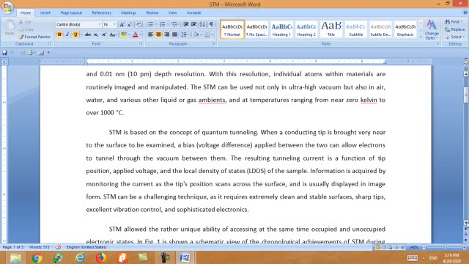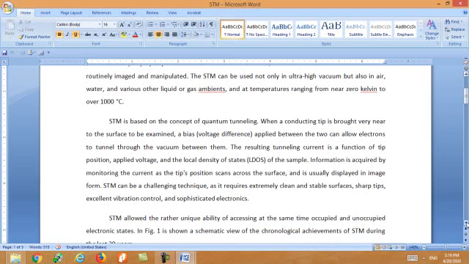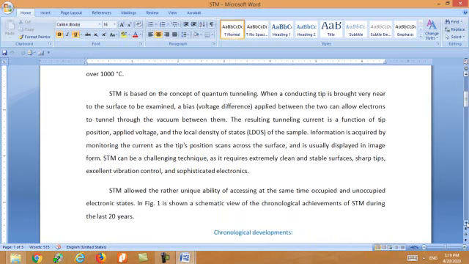For STM, the sample must always be conducting, while in AFM the sample need not be conductive; it can be used for conductive or non-conductive material. STM also has a unique ability for assessing occupied and unoccupied electronic states at the same time.